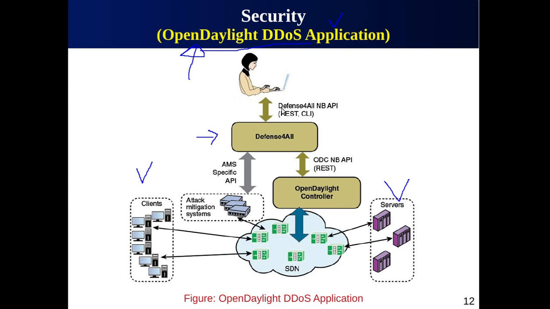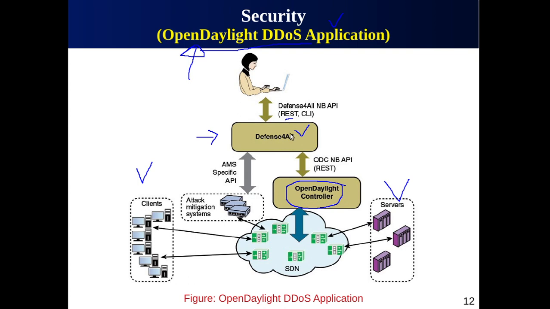We have an interface which is based on the REST API, and the user, the network administrator, or the security person, whoever it is, is able to use this application, and it itself interacts with the controller over the OpenDaylight controller. Because it is implemented inside the OpenDaylight architecture, this application makes use of the OpenDaylight controller through this API.